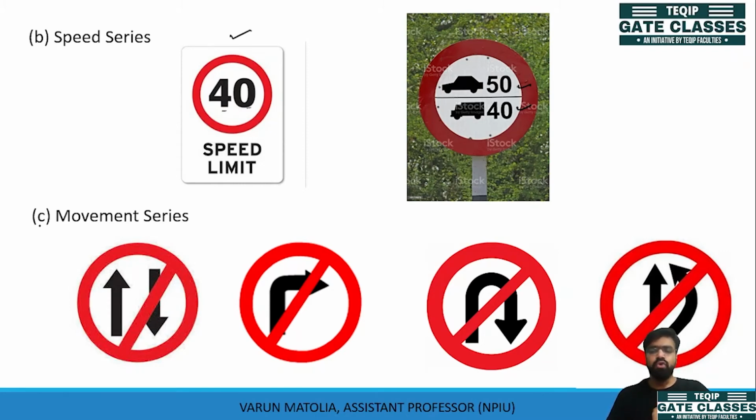Then there are movement signs or movement series, the signs which prohibit you from moving into certain kinds of traffic arrangement. Like the first sign, your one-way sign.